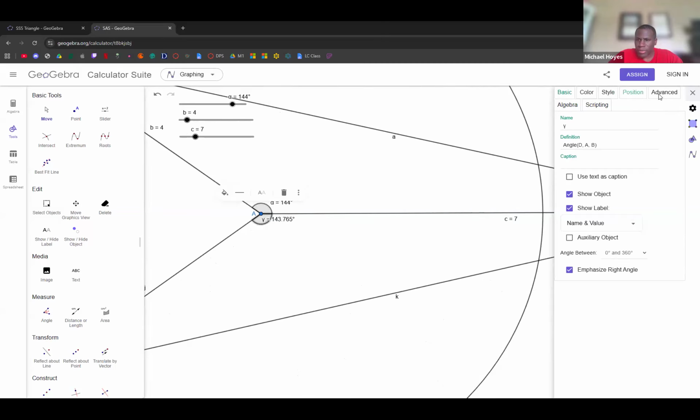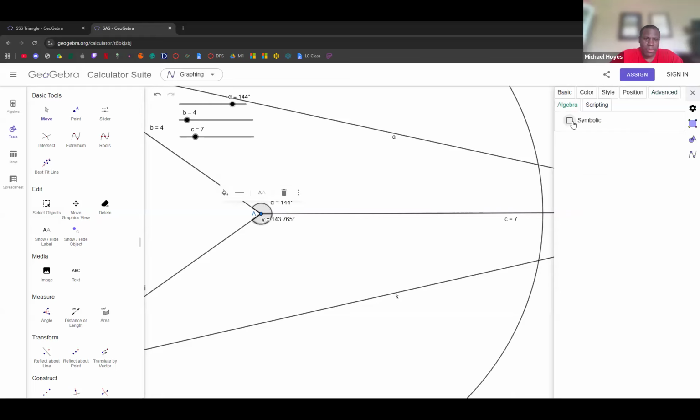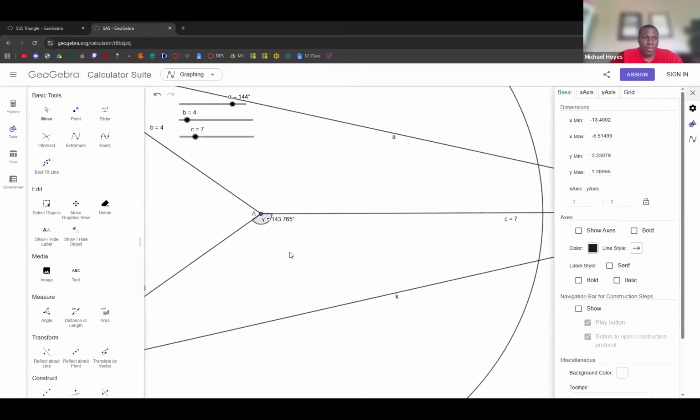I don't know. You could change your global settings, but in mine, what I had to do was in the algebra tab, I forced the rounding. Because this calculates just to one, there's a slider. It's no decimal places. It goes in increments of 1 degree, so it's not going to show decimal places from the slider perspective.